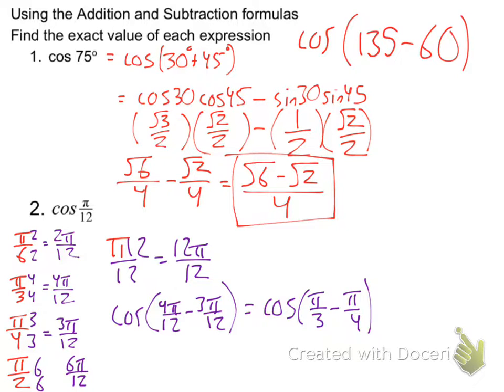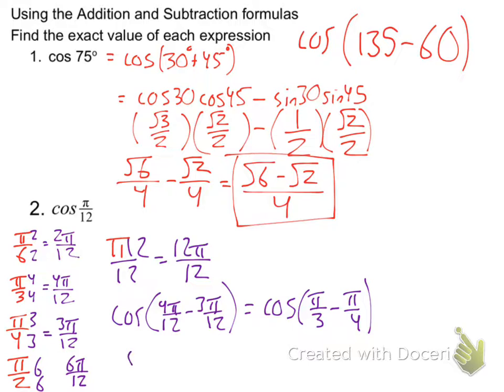And I did this because I know what pi over 3 is, and I know what pi over 4 is. I now use the formula for cosine subtraction, which is cosine, cosine, sine, sine, with what between? The opposite sign, so it's plus.